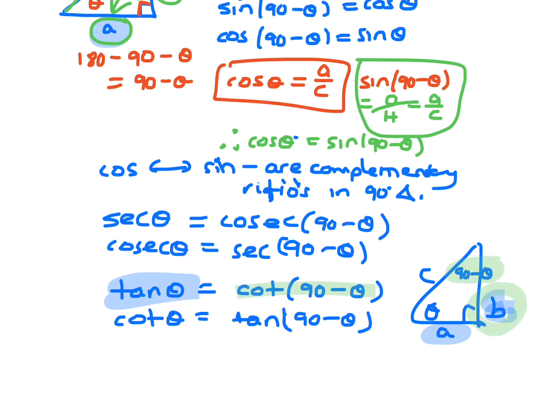The cot one will be adjacent on opposite, so it would be B over A. And tan of 90 minus theta would be the opposite on the adjacent, which is A over B. So they're exactly the same thing.